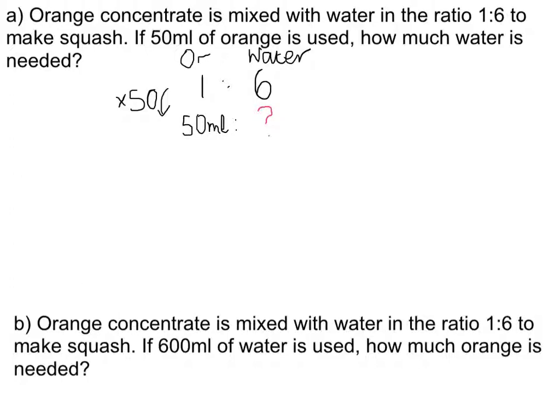Now I have to do exactly the same thing to the other side. So I have to multiply this side by 50 as well. So 6 times 50, 6 times 5 is 30, so 6 times 50 is 300.